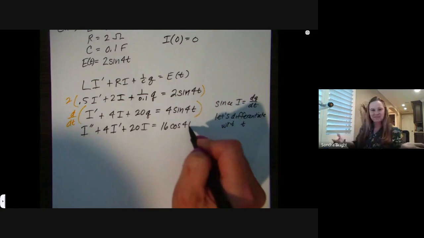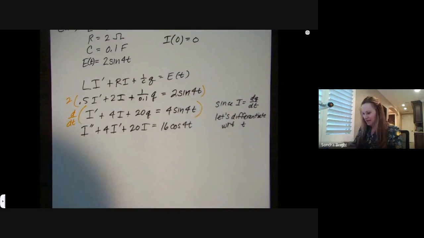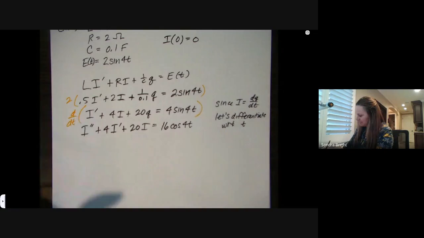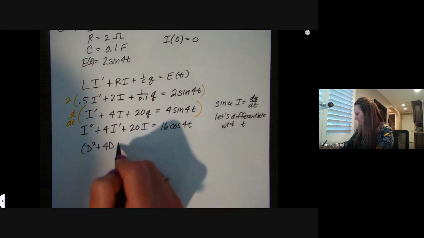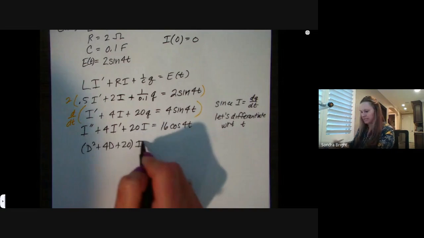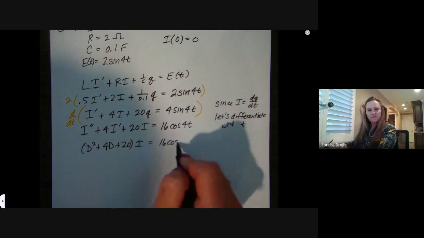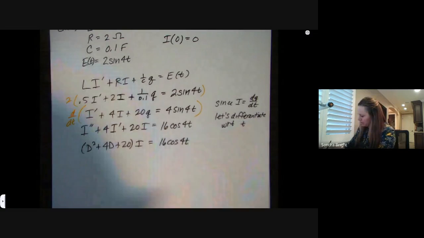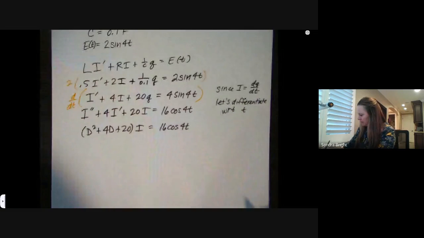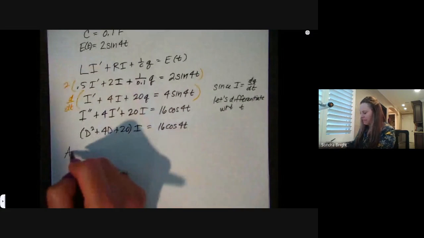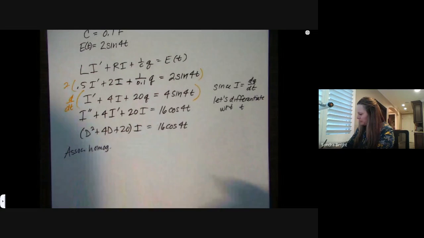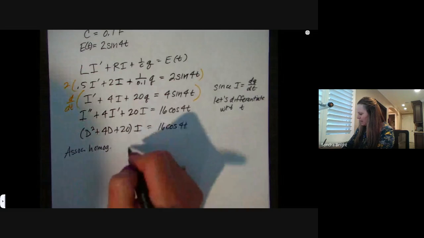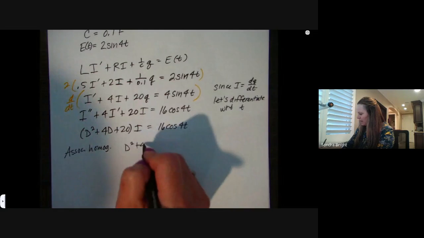Okay, so now I've got a differential equation that you know how to solve. This is D squared plus 4D plus 20 acting on I is equal to 16 cosine of 4t. So we start off by finding the associated homogeneous, and that would be D squared plus 4D plus 20 acting on I equal to 0.